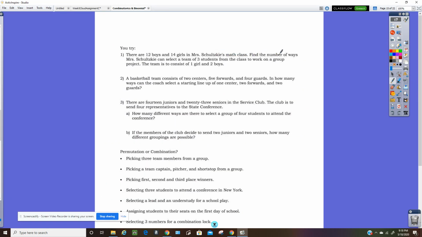In Mrs. Schultzky's math class, find the number of ways Mrs. Schultzky can select a team of 3 students from the class to work on a group project. The team is to consist of 1 girl and 2 boys.